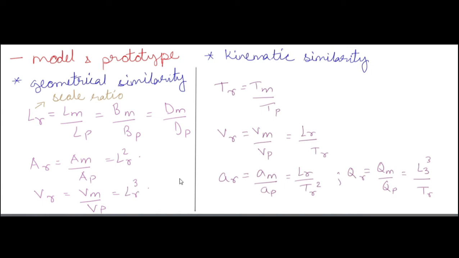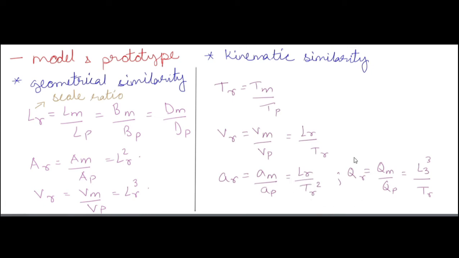Then we have kinematic similarity, in which we have first the time ratio, meaning time of the model by time of the prototype. Then velocity ratio, meaning velocity of the model by velocity of the prototype. This is equal to length ratio by time ratio. Now we have acceleration ratio, acceleration of the model by acceleration of the prototype, which is equal to length ratio by time ratio whole squared.